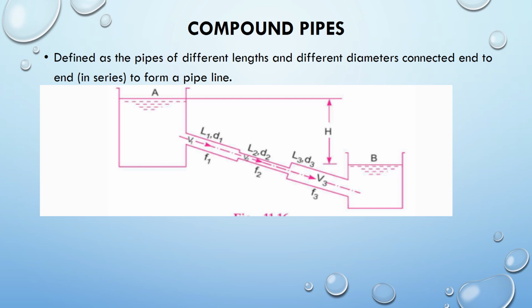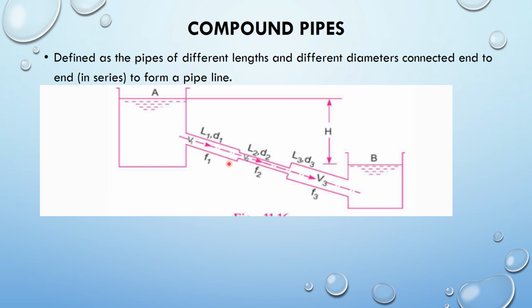In this figure, there are two reservoirs A and B. These two reservoirs are connected not by a single pipeline, but by a set of three pipes which differ in length as well as in diameter.